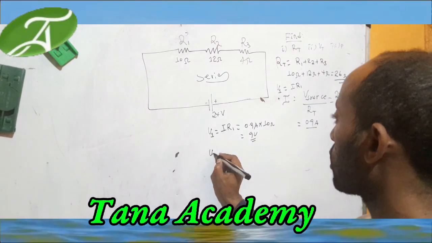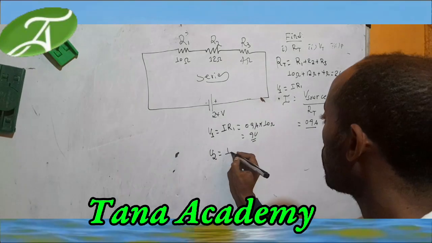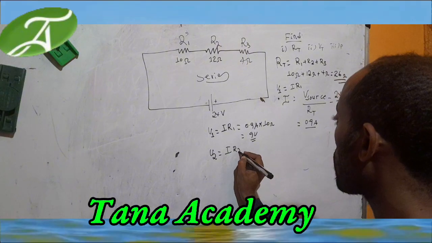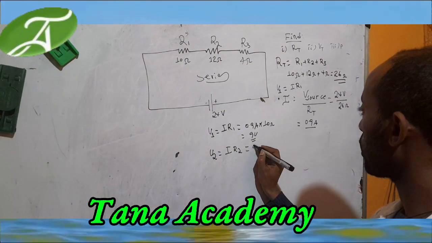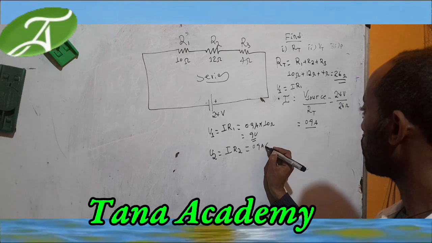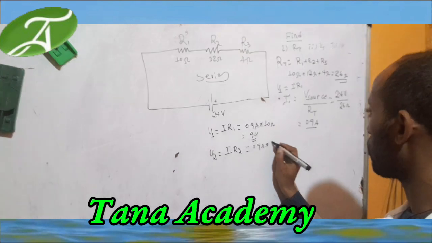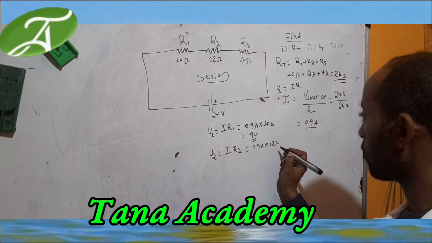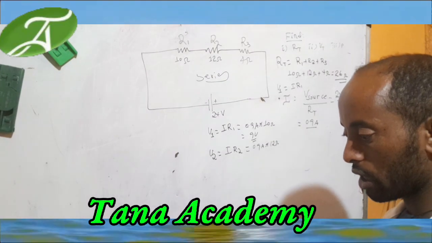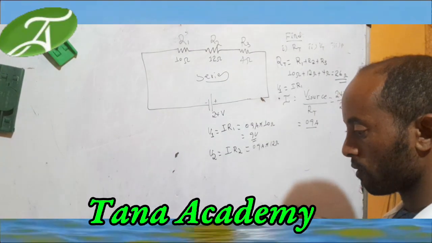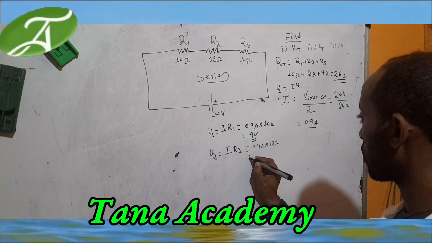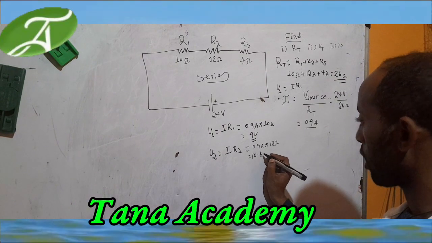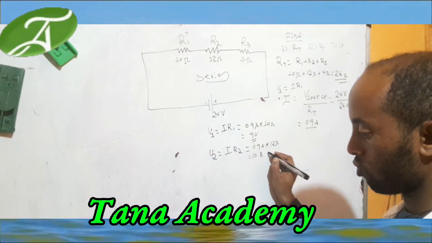Again, V2 is equal to I into R2. That means I is 0.9 ampere times R2 is 12 ohm. Around it becomes 10.8 volt.